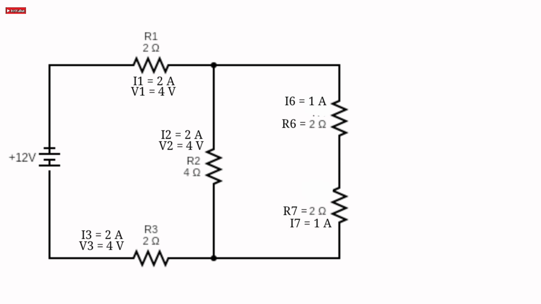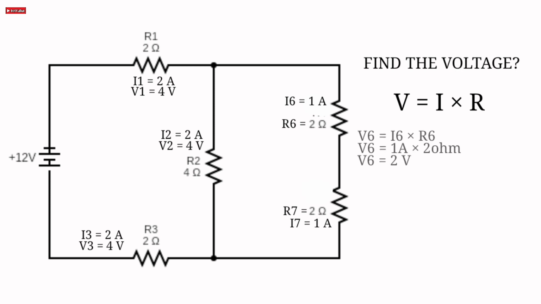The only thing left to do is to calculate the voltage across each resistor. With the formula of voltage, V is equal to I times R. V6 is equal to I6 times R6, which is equivalent to 2 volts. And the last one, V7 is equal to I7 times R7, which is also equivalent to 2 volts.